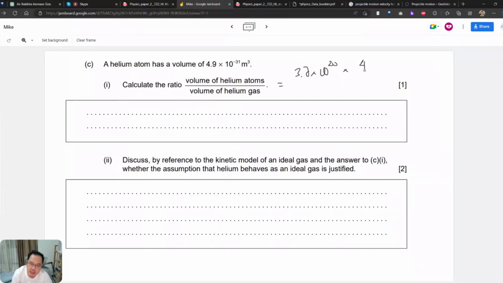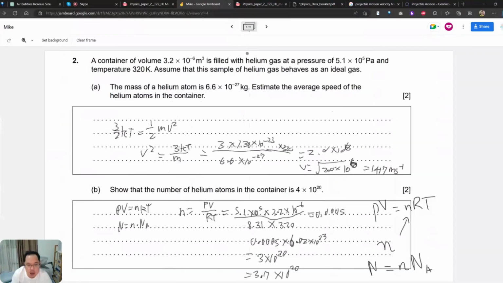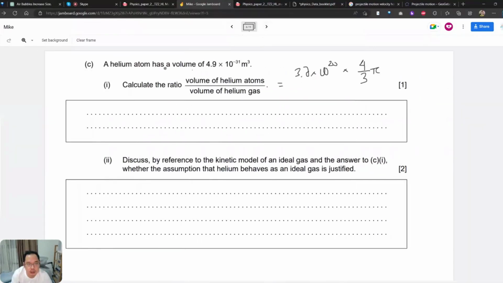Therefore, the volume of that atom is 4/3 pi r cube, where r is the radius. Do we know that radius? No, we don't. But the helium atom has a volume given, so we don't need to calculate that. Multiply that with 4.9 times 10 to the minus 31.